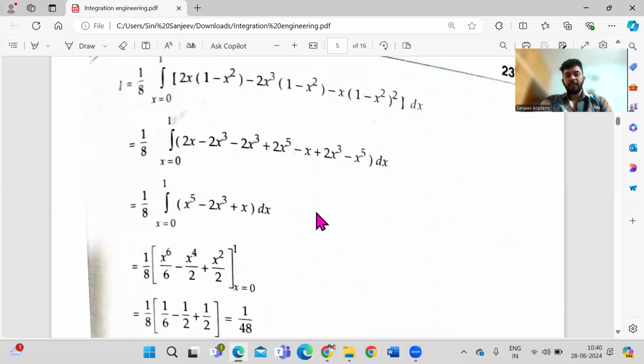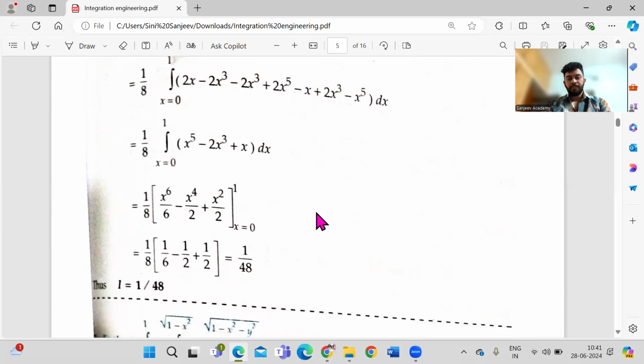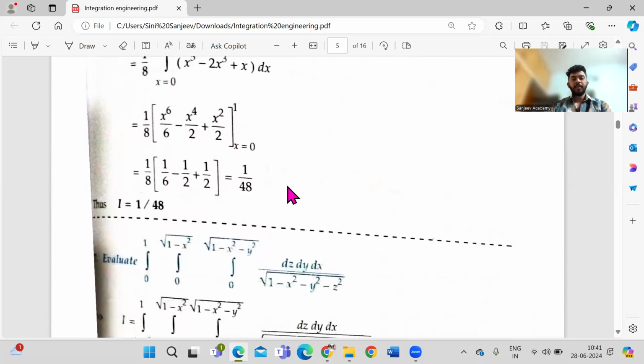So I want you to try it by yourself and then check the final answer alone. Because if the first 3 questions are thorough, then automatically we will be able to get it. But at least if you're taking half an hour, 45 minutes to do the first 3 questions, correct? Then take a break and then come and do it. So once you're done, you'll be getting the answer 1 by 48.